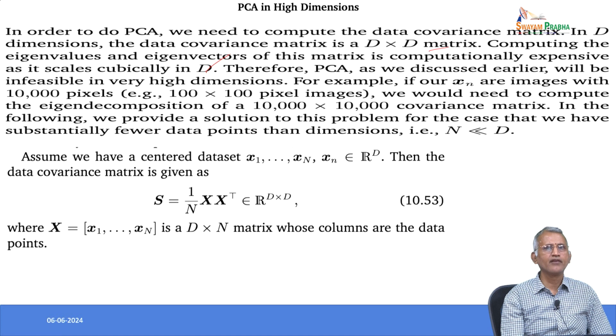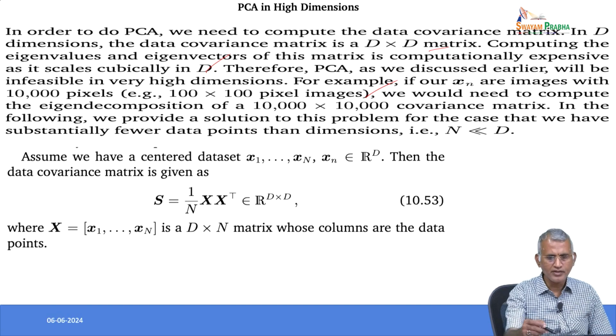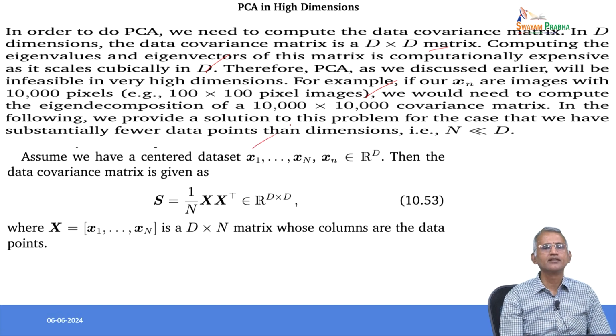For example, if our x_n are images with 10,000 pixels, say 100 by 100 pixel images, we would need to compute the eigen decomposition of a 10,000 cross 10,000 covariance matrix. In the following, we provide a solution for the case that we have substantially fewer data points than dimensions, that is, N is much smaller than D.